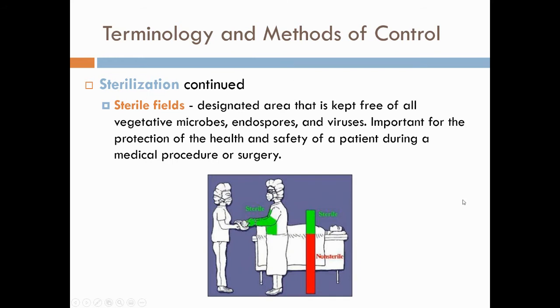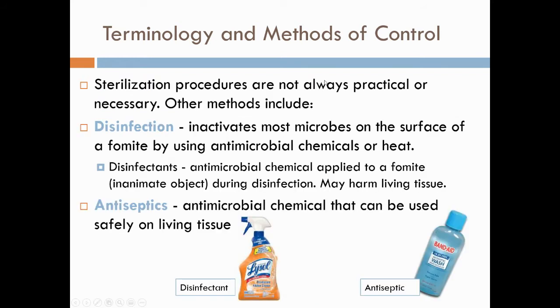Sterile fields are areas that are designated to be kept free of all vegetative microbes, endospores, and viruses. And having a sterile field is, of course, important in all sorts of medical practices and in surgery. It's not always necessary or practical to sterilize everything, to eliminate organisms from vegetative cells all the way through endospores.